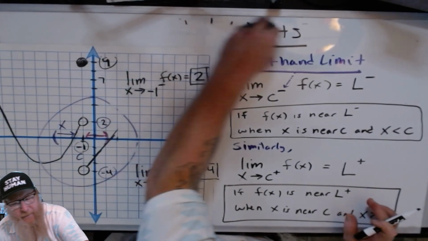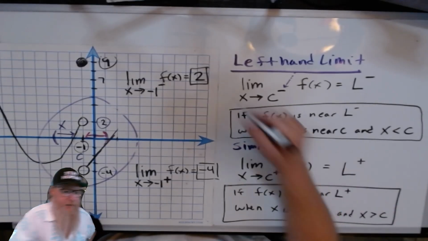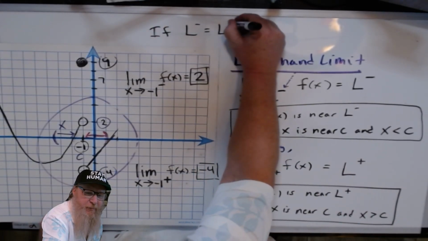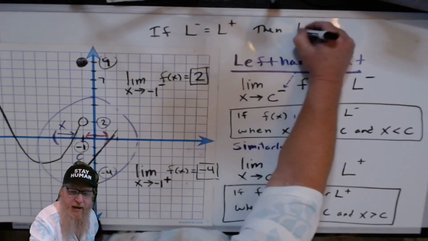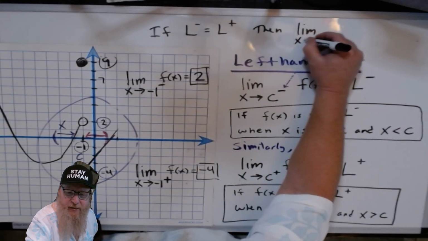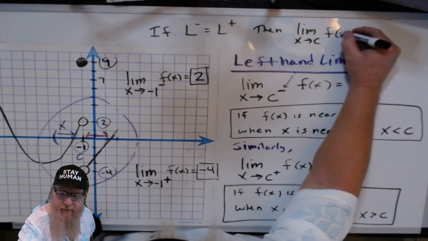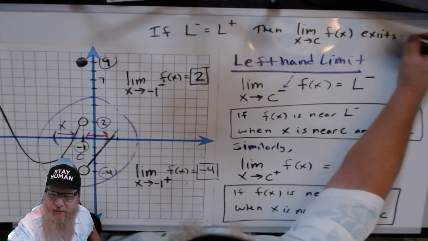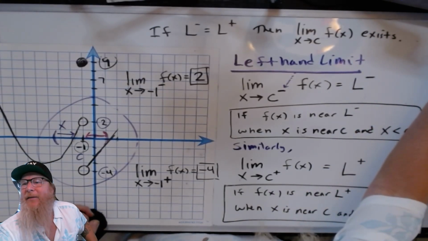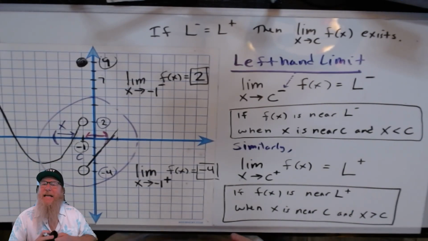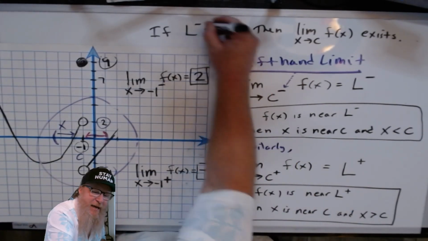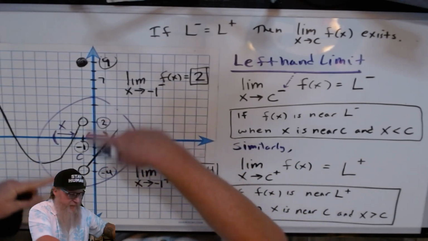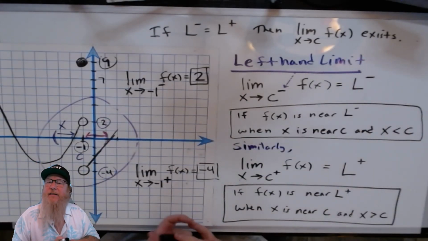And then if these are equal, L minus is equal to L plus, then the limit as x approaches c of f of x exists. So now we're getting a little bit more detailed as to what it means to exist. If the left and the right agree with each other and they give you the same value, then this limit exists.